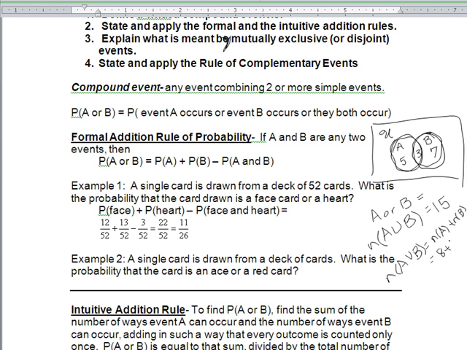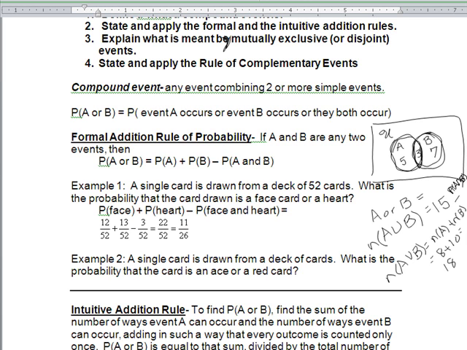And the reason that's 3 more than it should be is because we double counted the 3. So we also have to subtract the number in A intersect B. And this is the same sort of situation if we're counting the ones in A and the ones in B, and we may be double counting any that occur in both A and B. So that's why we have to subtract that off.